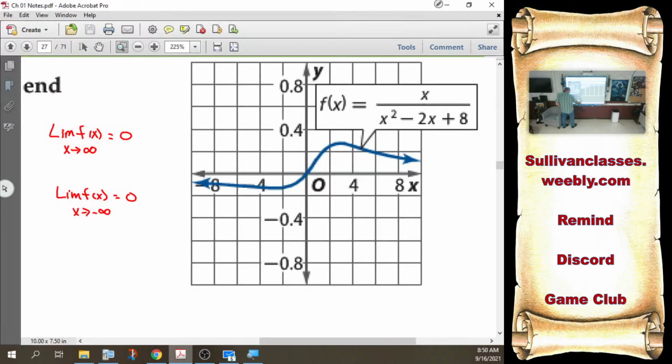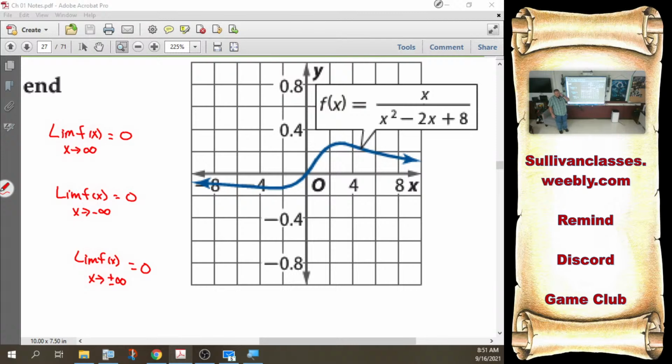So, I'll let y'all know I'm a pragmatist. Yeah, these are the two different end behaviors, but since they both went to the same thing, I'm perfectly fine with you saying the limit of the function as x approaches plus or minus infinity is 0, since they went to the same thing.